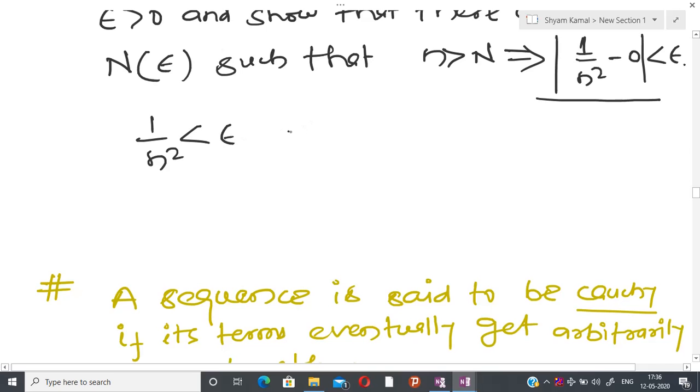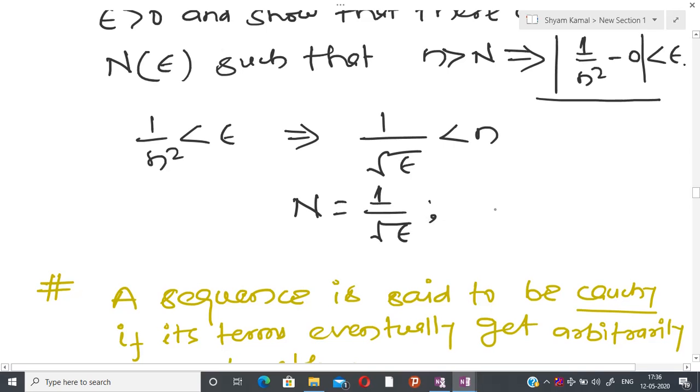So this implies n is greater than 1 by root under epsilon, and here now I have N. So if I assume that this big number N is 1 by root under epsilon, and if n is greater than N, then I am able to prove that 1 by n square minus 0 is less than epsilon. So this is our observation.